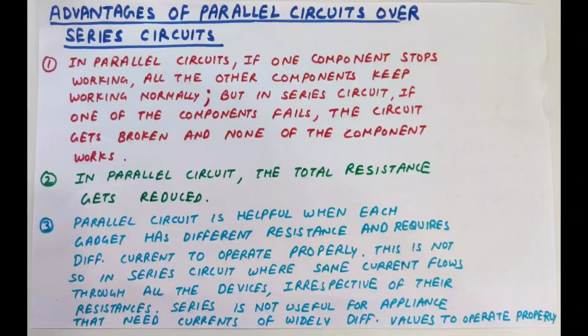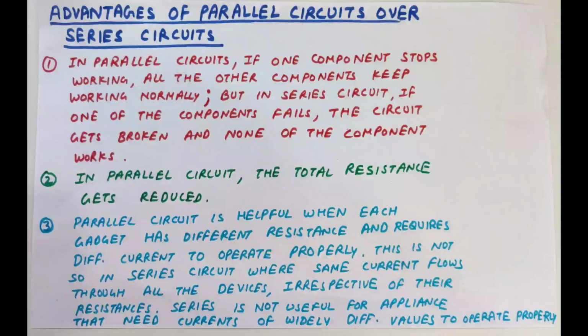Third, a parallel circuit is very helpful when each gadget has different resistance and requires a different current to operate properly. This is not so in a series circuit, where the same current flows through all the devices irrespective of their resistances. A series circuit is not useful for appliances that need currents of widely different values.